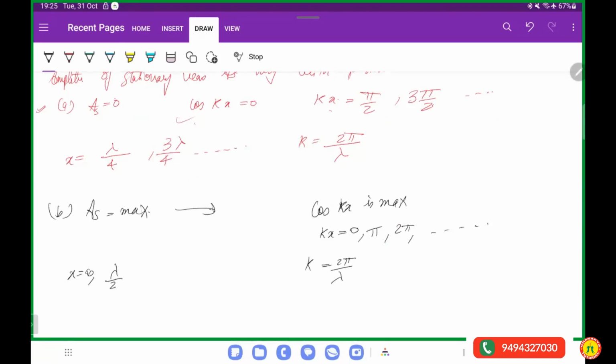If I'm not wrong. Then pi we can cancel, so 2 lambda by 2. Then 3 lambda by 2, and so on.